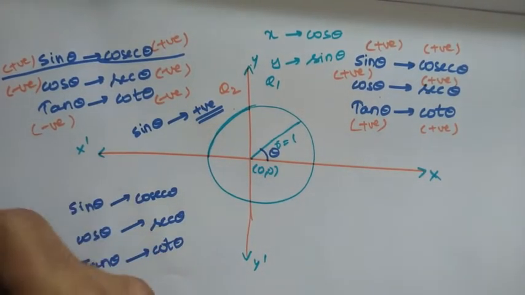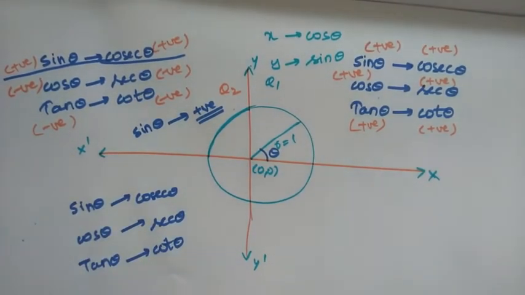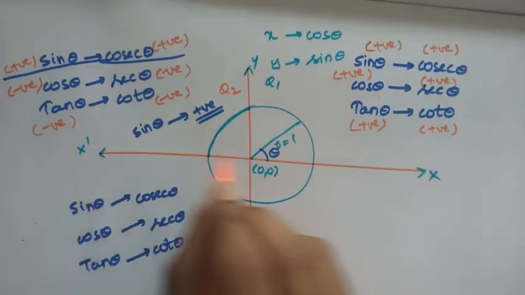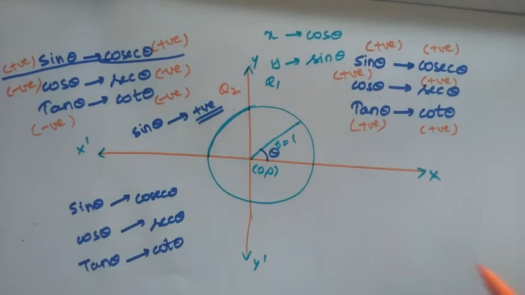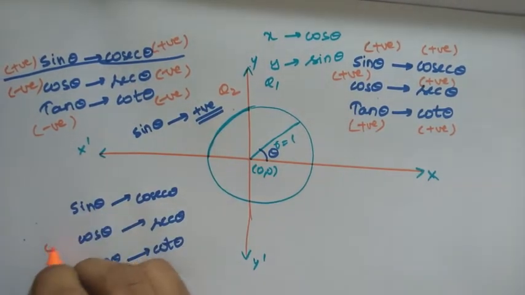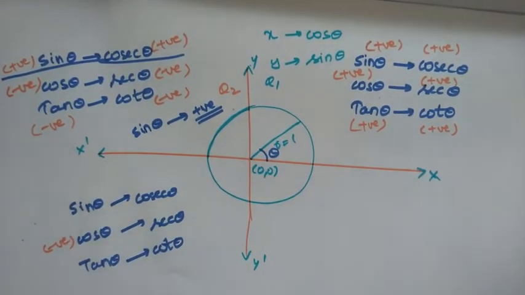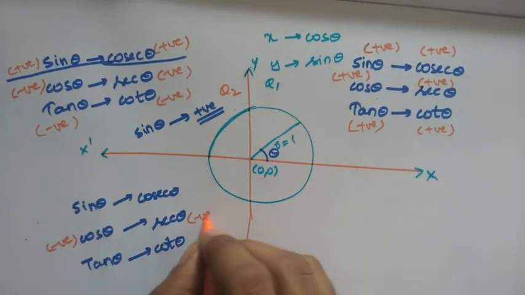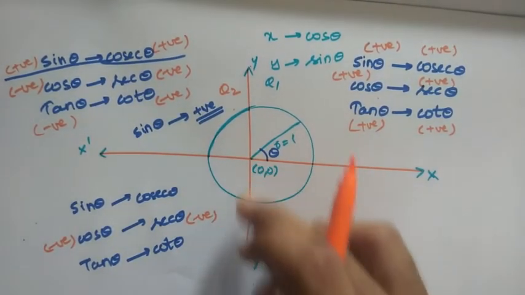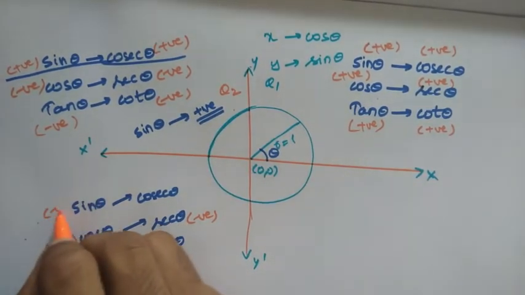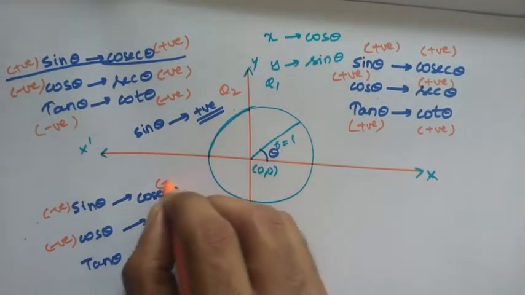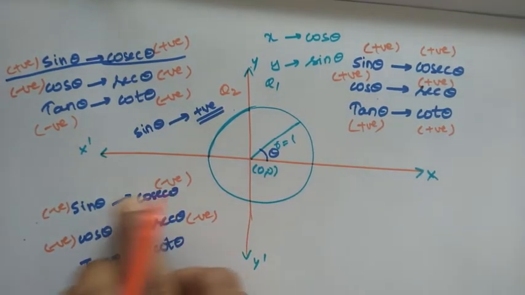Okay, so here the x coordinate is negative and the y coordinate is also negative. So because x is negative, cos will be negative and its reciprocal will also be negative. And y coordinate is also negative, so sine also will be negative, and cosecant is also negative because they are reciprocal.